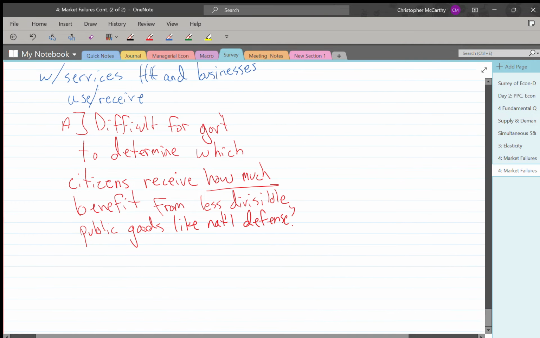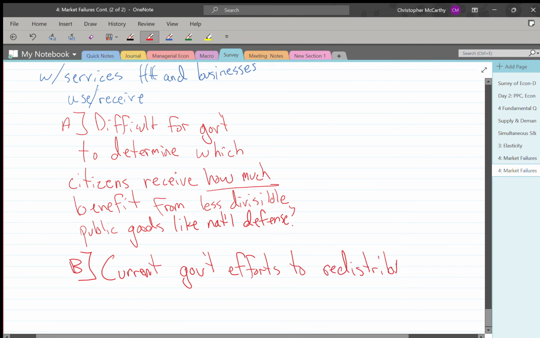And the other problem with this is that our current government efforts to redistribute income would be self-defeating.